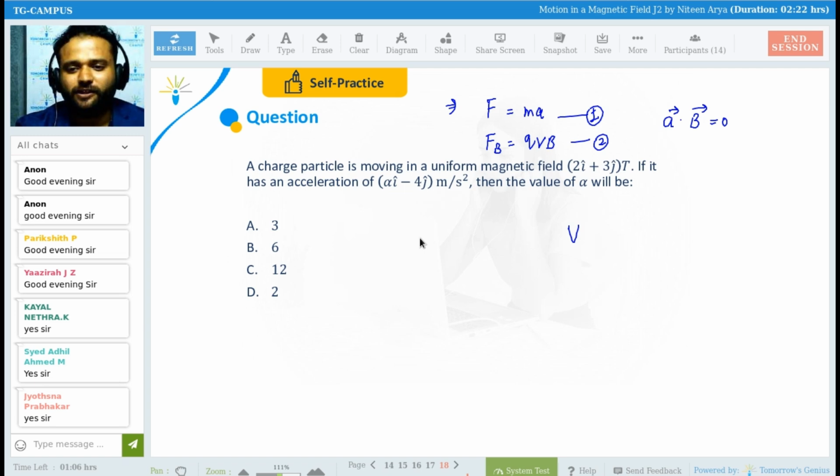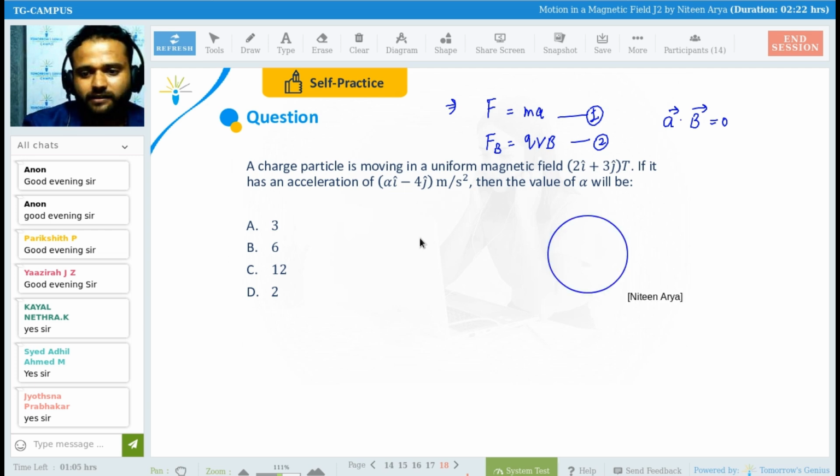This particular acceleration comes only when the charged particle starts moving in a circle. When it is moving in a circle, you know this thing, centripetal acceleration. This is your centripetal acceleration, AC, v square by r, if I'm not wrong.